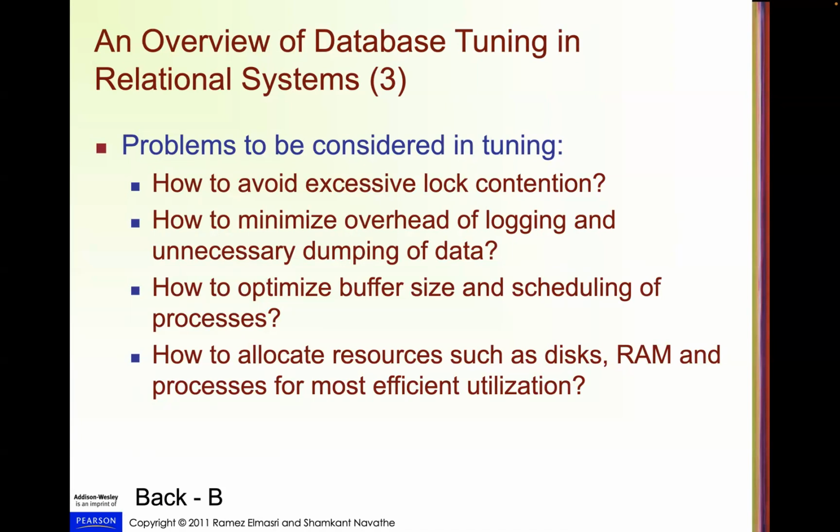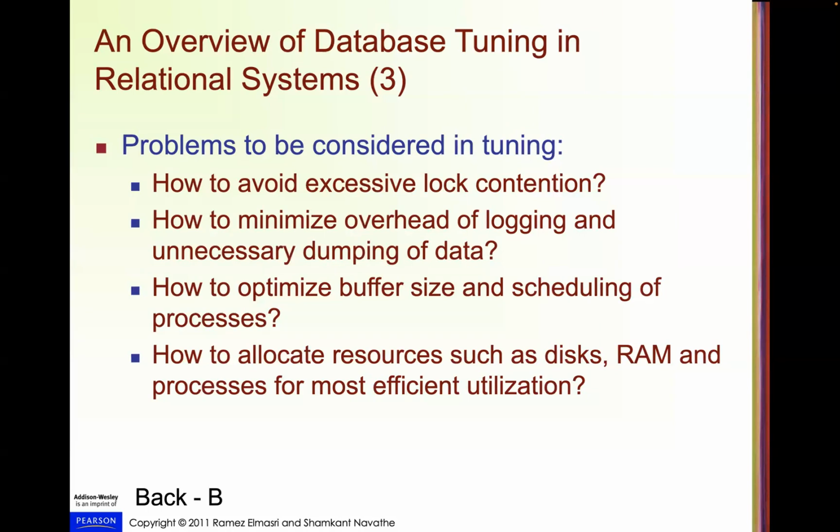So when a transaction wants to work on a data item, it will lock the data item. If it needs another data item, it will lock that one also, to make sure that these two data items are not disturbed by another transaction. Now, when a transaction keeps on locking the data item and does not release it, what will be the problem?